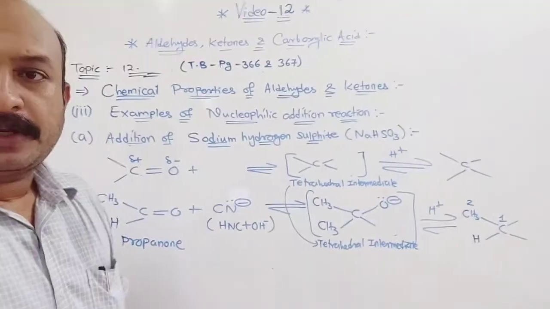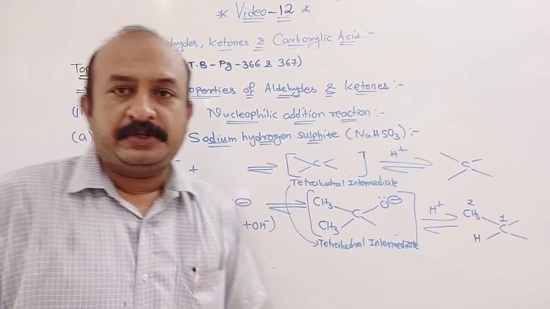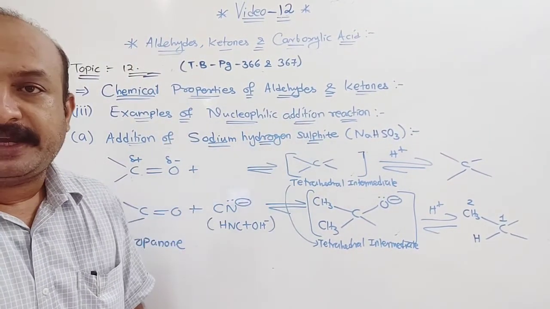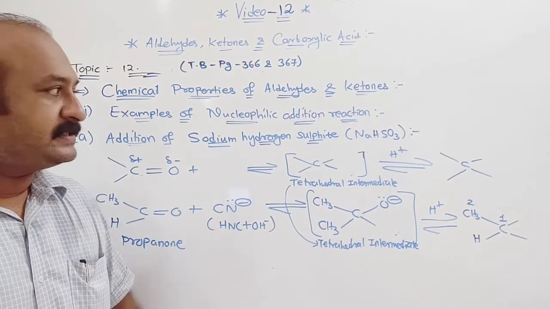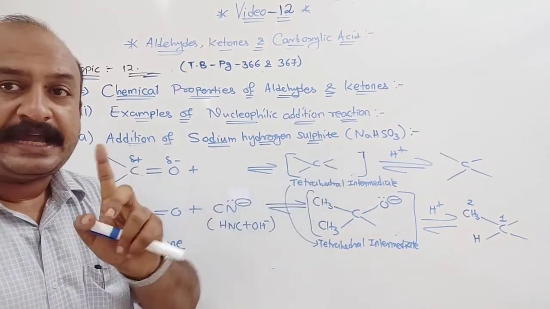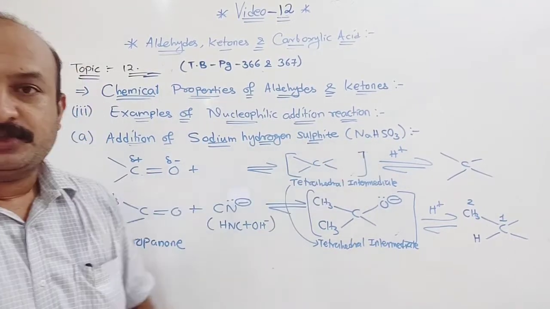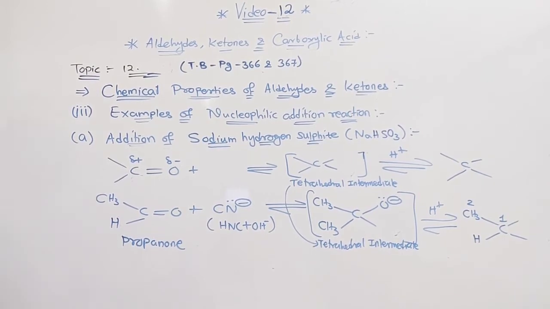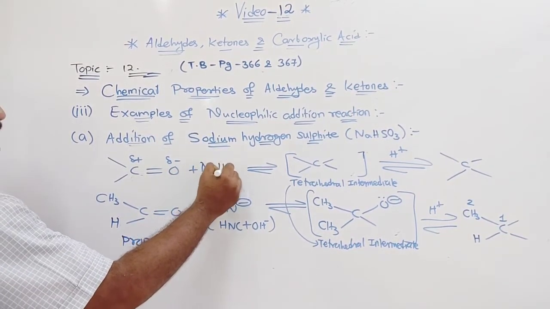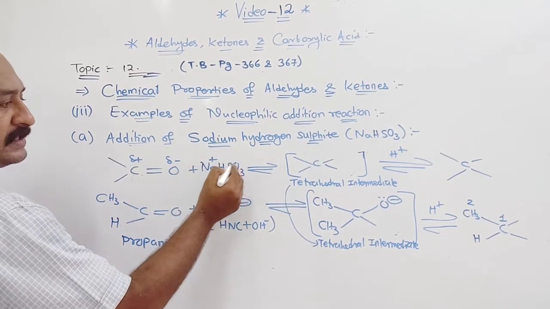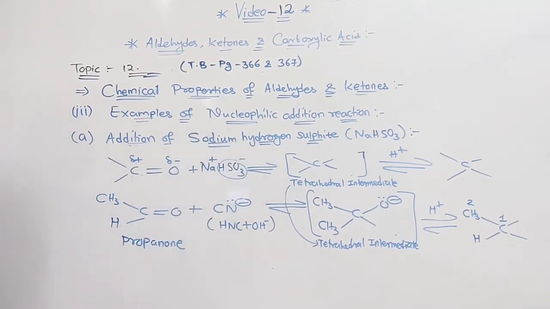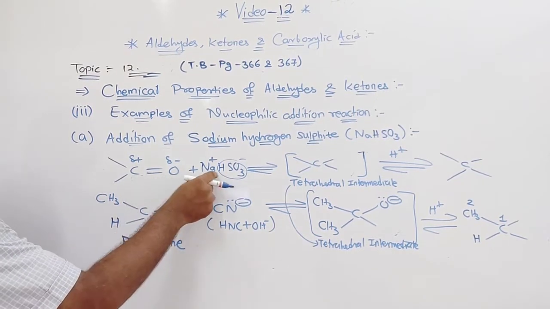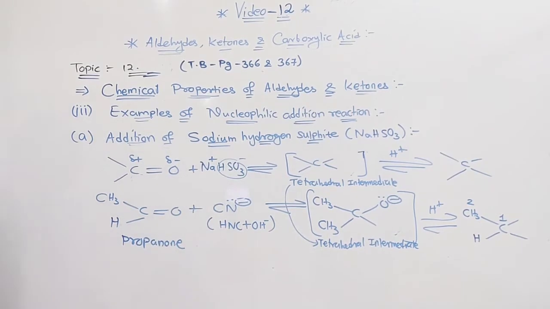The second part we are going to discuss is the addition of sodium hydrogen sulfite, that is NaHSO3, sulfite, ITE, not IDE. So NaHSO3: we can write it easily as Na plus, and this whole part is negative. Here Na plus and HSO3 minus are there.